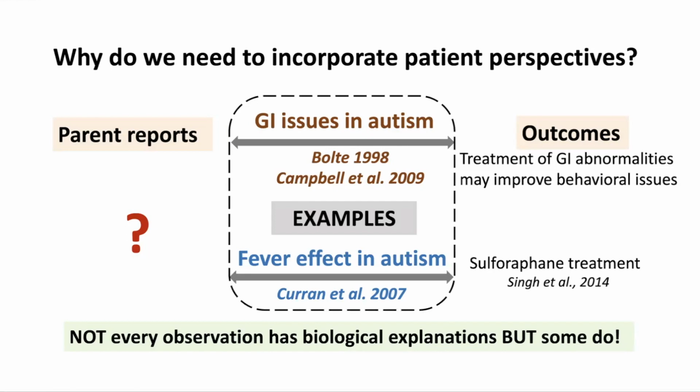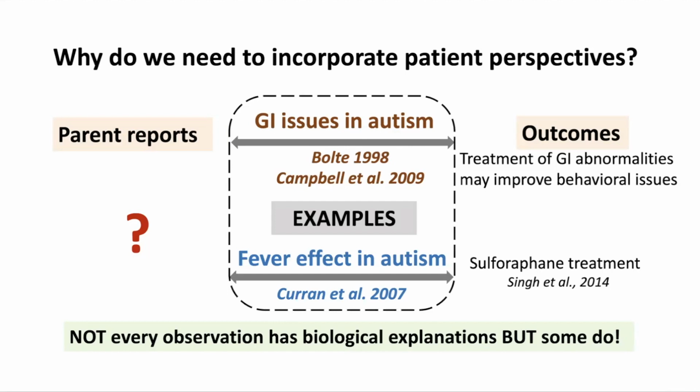In 1998, she published a perspective paper. This and similar concerns raised by other parents eventually led to increased research on the co-occurrence of GI issues in autism. In 2009, Campbell et al. identified the association between a variant in a gene called MET in families with co-occurring autism and GI conditions.